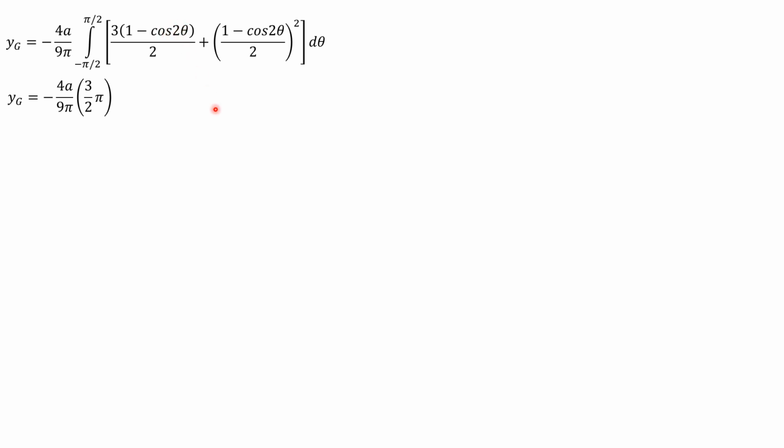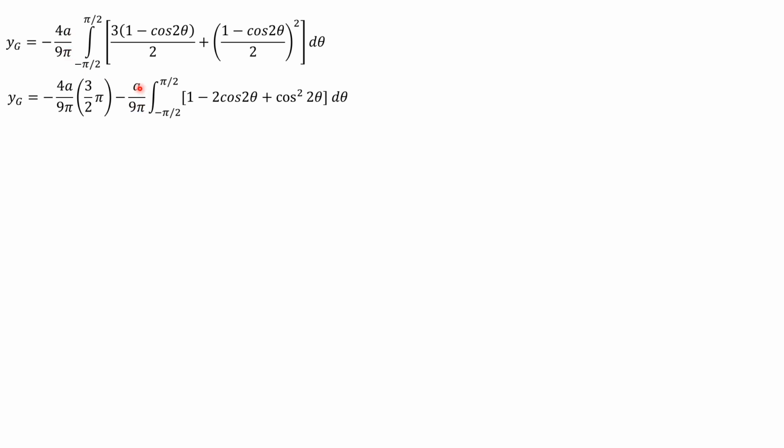So therefore, we have 3/2 pi, as I said, then minus a over 9 pi, integral from negative pi over 2 to pi over 2. Then we'll have here 1, after we expand 1 minus cosine 2 theta square, then over 2, which is 4 times negative 4a over 9 pi.